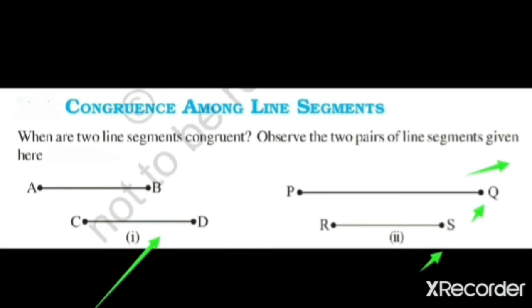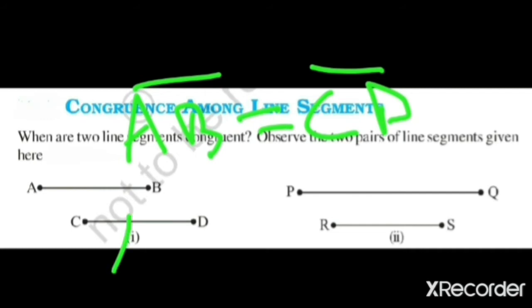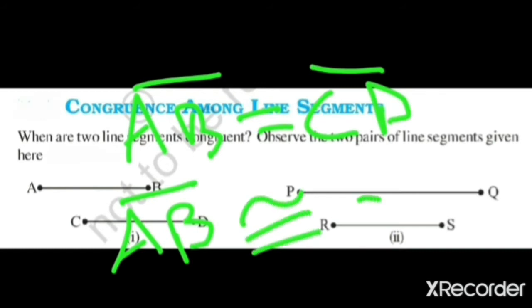Don't forget the symbol of congruence. That means we can write AB equals CD. Line segment AB equals CD, when we actually mean that line segment AB is congruent to line segment CD.